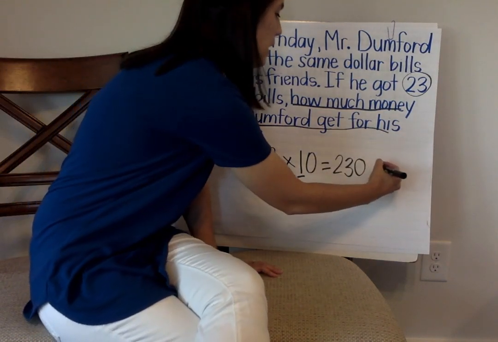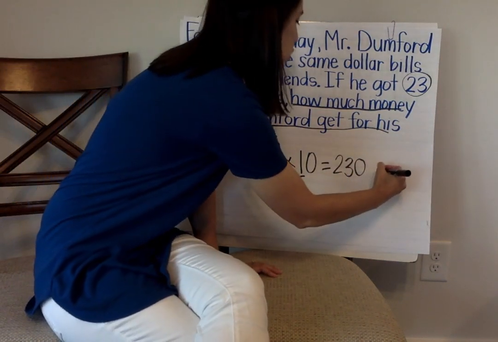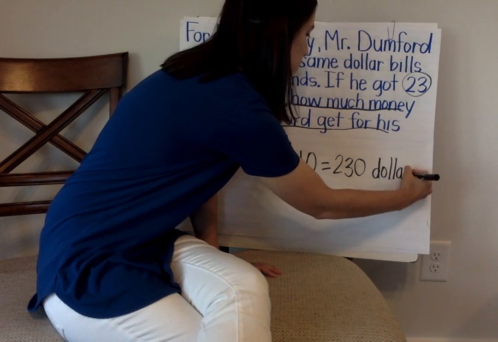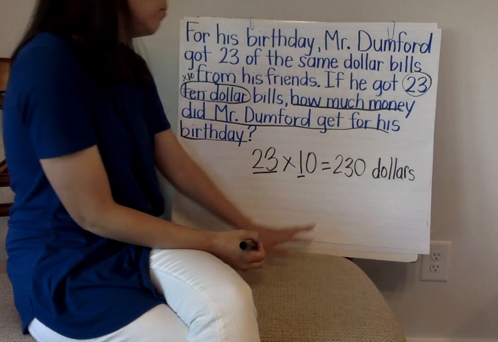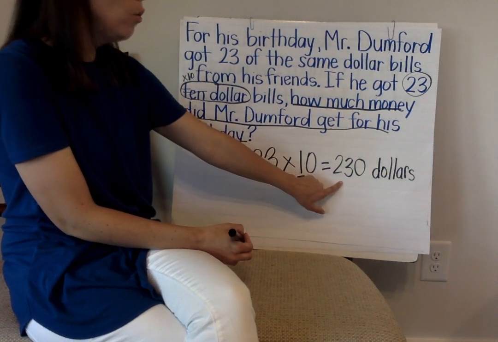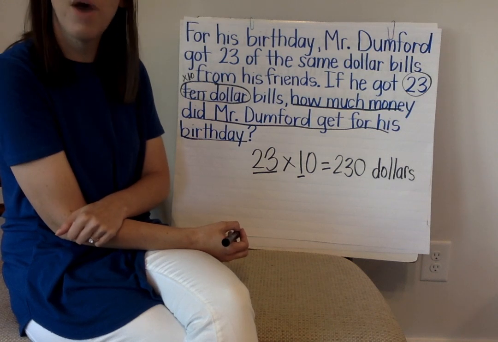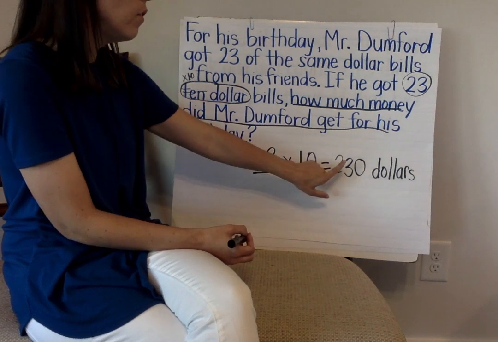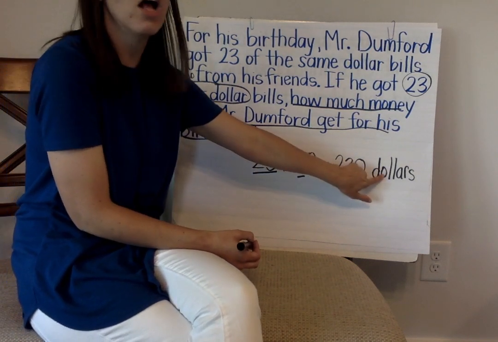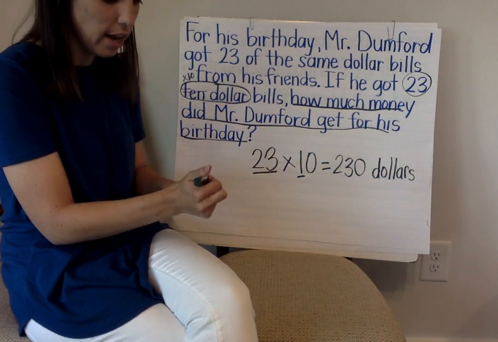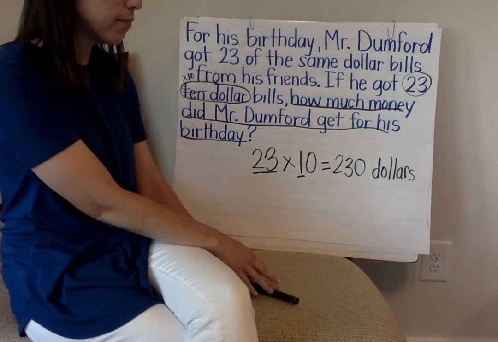So I need to add dollars to the end of this. Mr. Dumford got $230. You could even go above and beyond by saying Mr. Dumford got $230 for his birthday. Wow, he got a lot of money for his birthday.